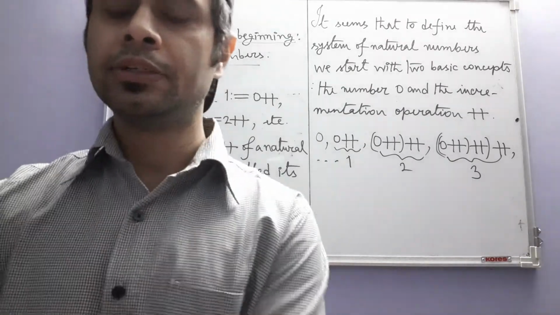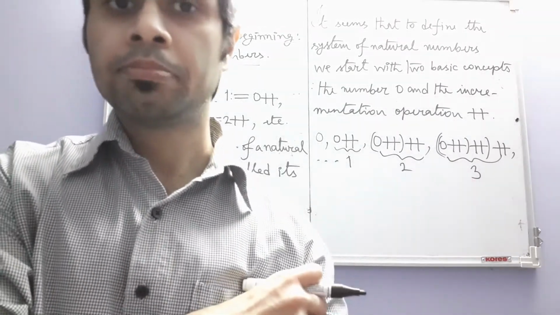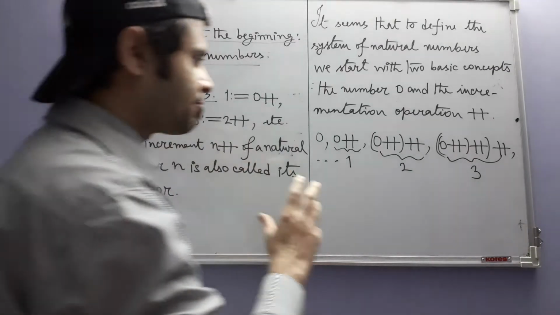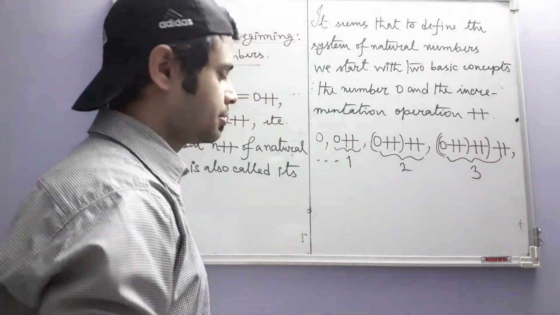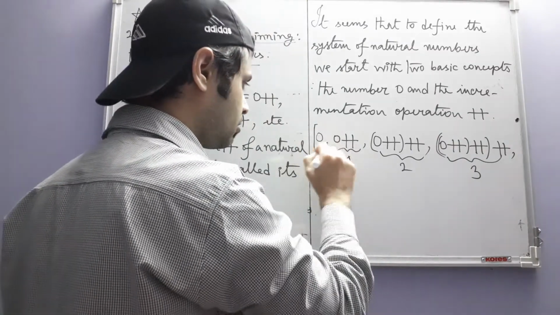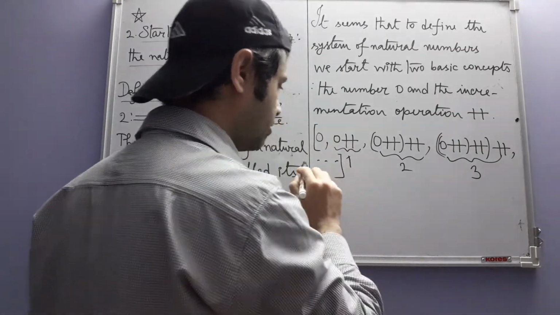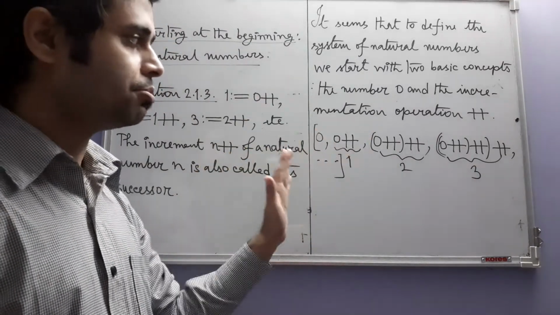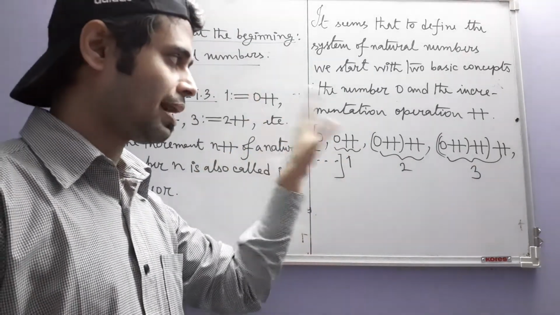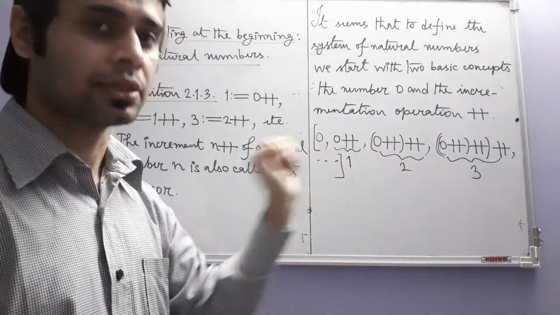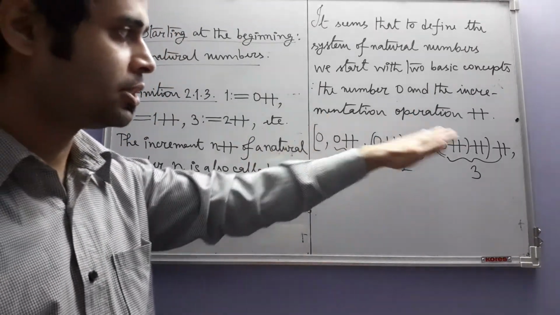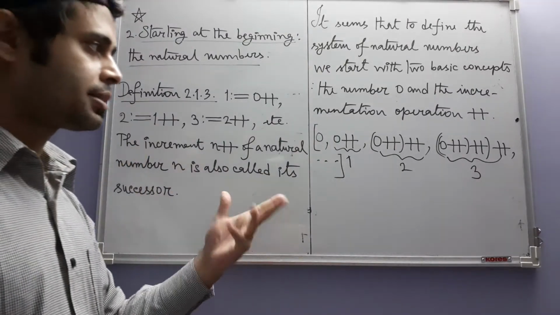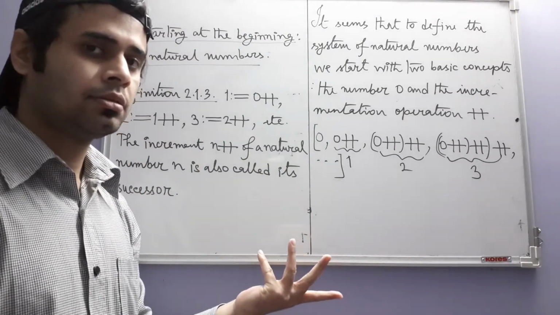Now we are ready to introduce the Peano axioms. Now let us have a look at this list. It goes on and on. We want this list to consist of the natural numbers. We want these objects to be natural numbers. So what are the assumptions we have to make?